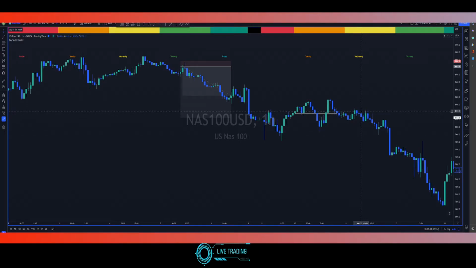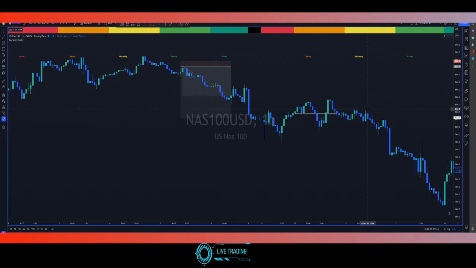Price comes right back up into this bearish order block and then starts to sell off. I would definitely use this beautiful bearish order block over here for an entry around 9 o'clock on Wednesday.